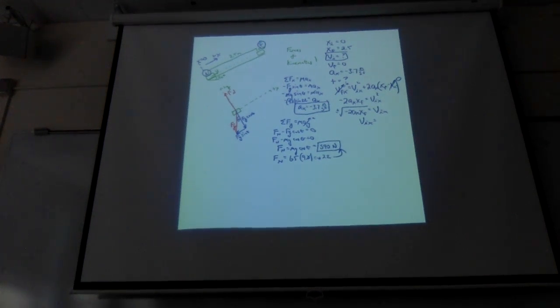Look for the one that makes sense. He's moving in the positive direction, so positive is going to be the answer you want. And you should get positive 4.3 meters per second. Which means you can run pretty fast, it turns out. Wow. He can really move.